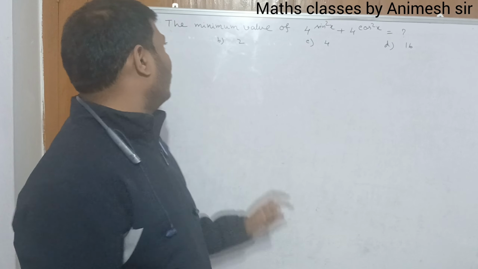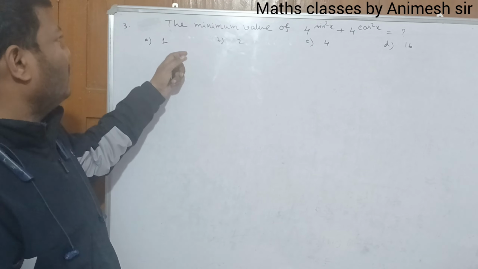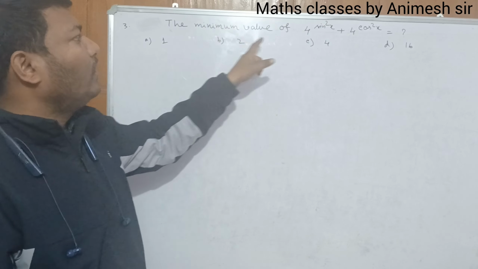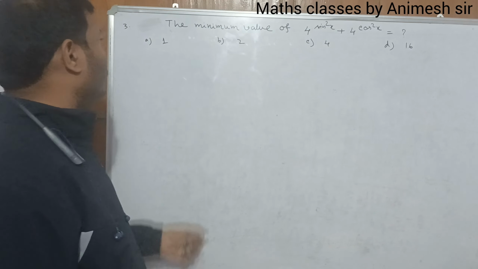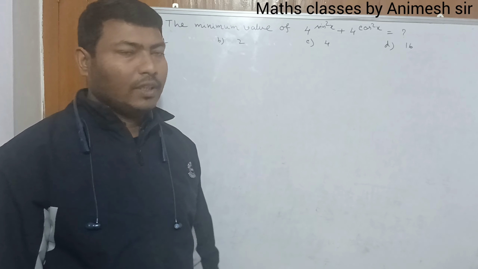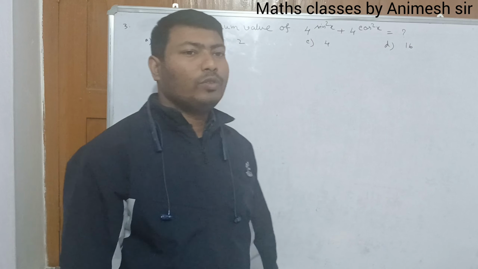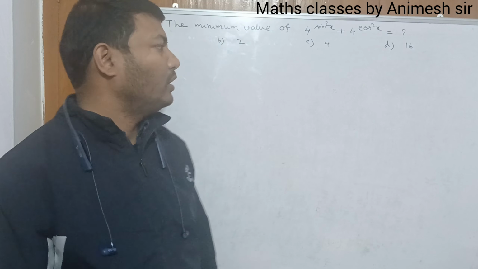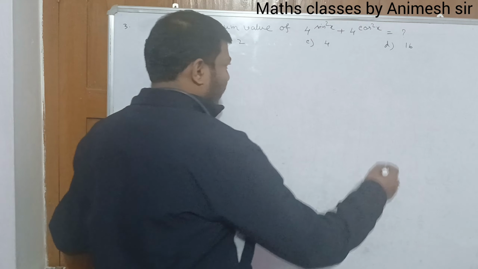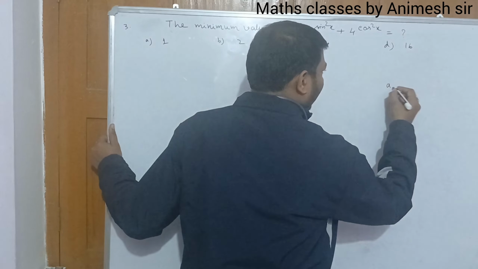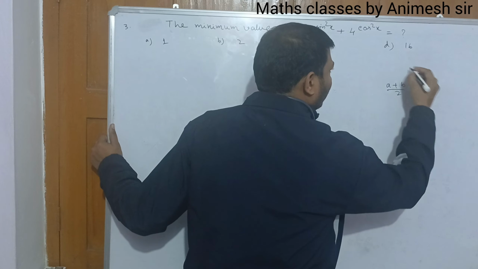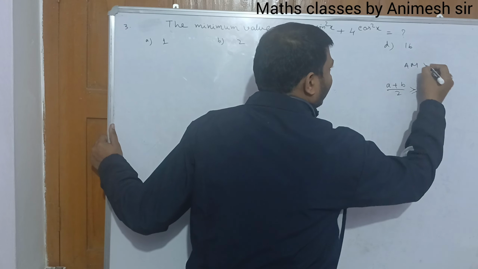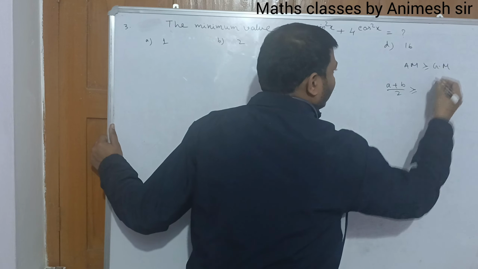We are again going to solve another question. Here the question is the minimum value of 4 to the power sin square x plus 4 to the power cos square x equals to which one of the options. Now here we are going to use the AM-GM inequality. Here we know that AM is greater than or equal to GM.